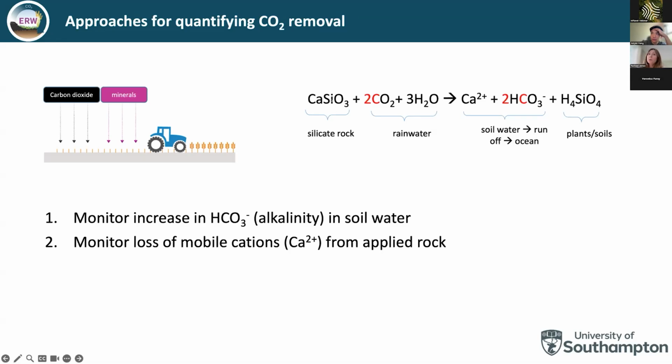We can also monitor the loss of the mobile cations, so they're the base cations, from the rock that we apply. And then the other thing we can do, of course, is to look at how much carbon dioxide is being removed from the atmosphere as it crosses the air to soil interface. So I just want to take each one of those and think about how those approaches have actually been applied in weathering studies, natural weathering studies, for many years.